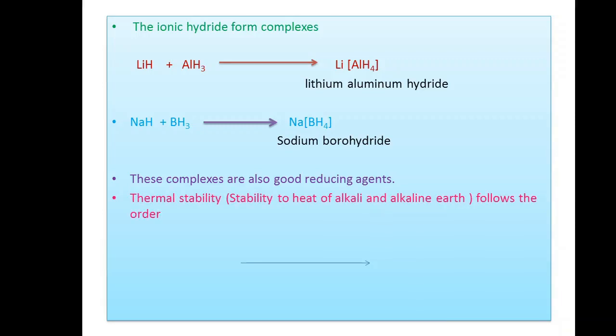The thermal stability, that means stability to heat, of alkali and alkaline earth metal hydrides follows an order. Which order? For alkali metals: LiH is greater than NaH, greater than KH, that means potassium hydride, greater than RbH, rubidium hydride, greater than cesium hydride.